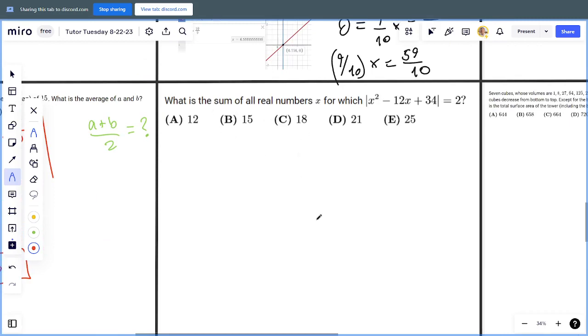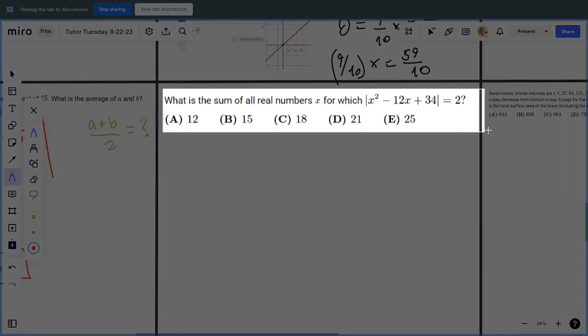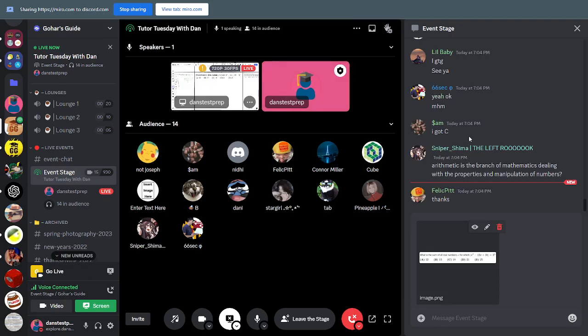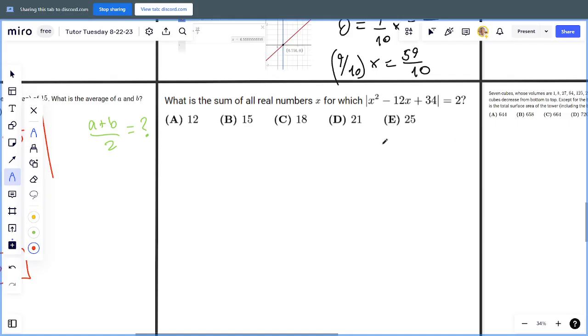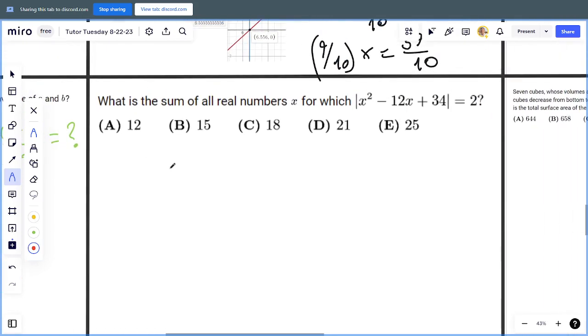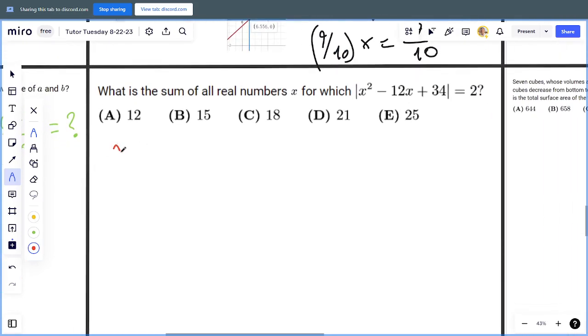Next AMC math problem. What is the sum of all real numbers x for which the absolute value of x squared minus 12x plus 34 equals 2? Whenever I deal with absolute values, I immediately start writing the two cases.